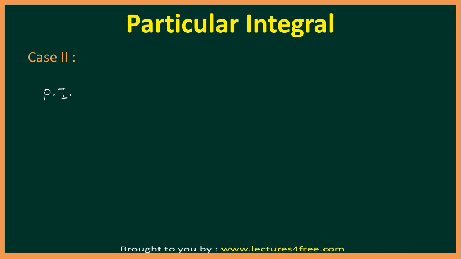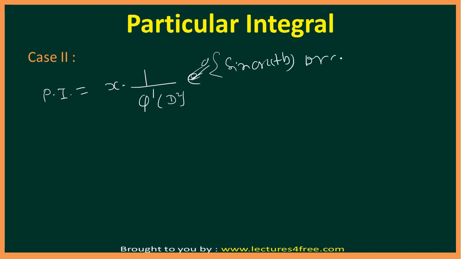For the particular integral, first multiply by x, then differentiate φ(D). Here D square will come, so sin(ax+b) or cos(ax+b).